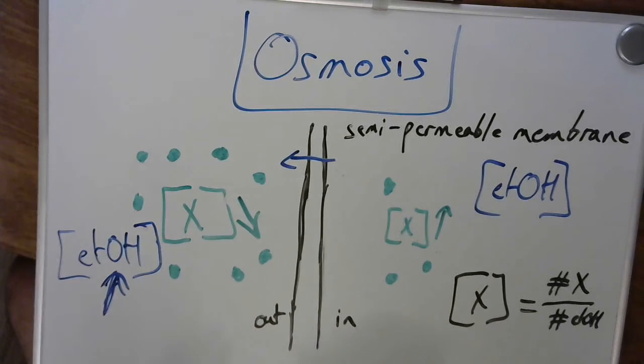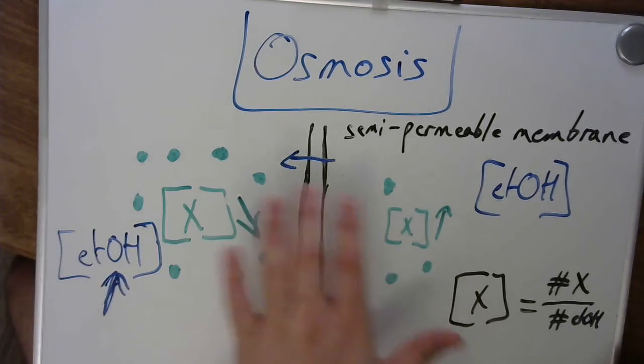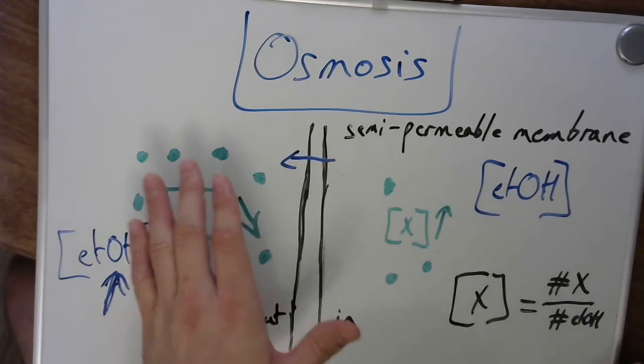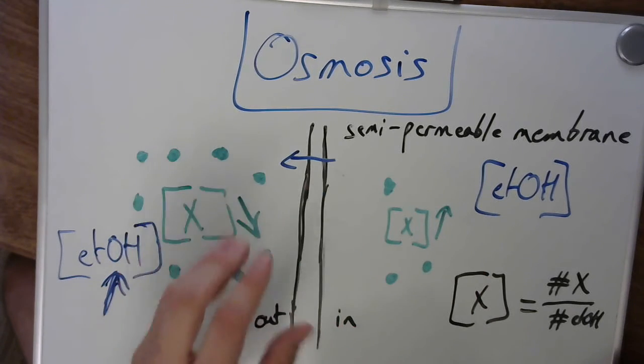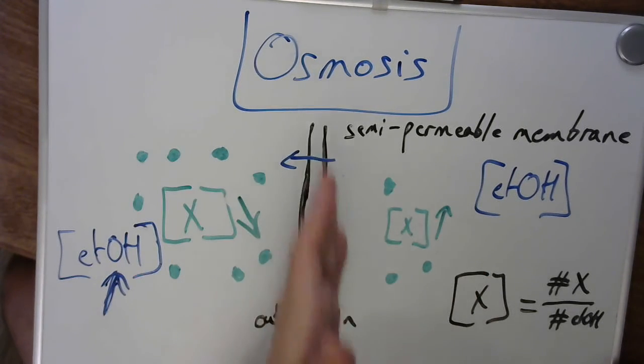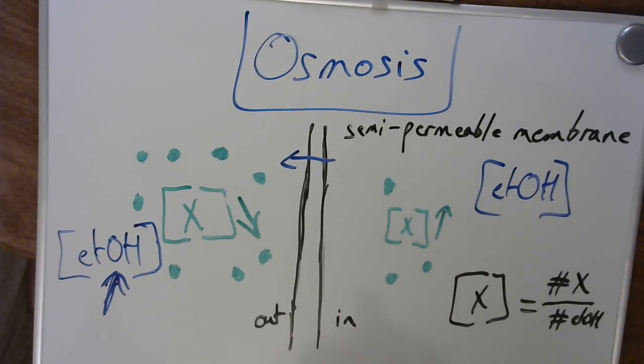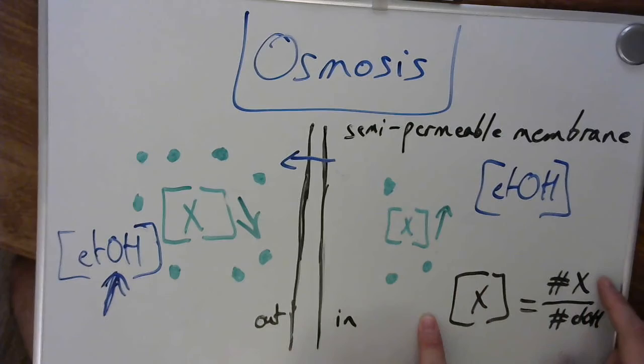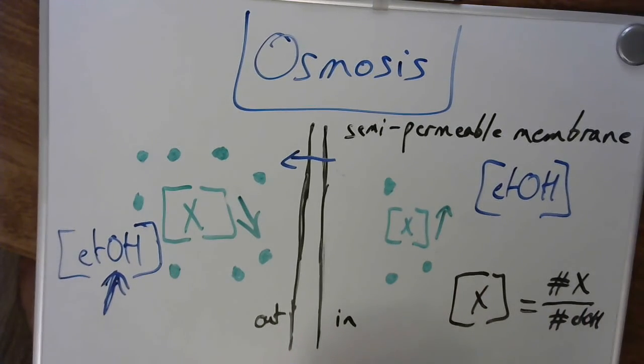You can think of it as the solvent moving across the concentration of solute, because the solute is incapable of moving across the semi-permeable membrane. Another trick is to think of osmosis simply as passive diffusion of the solvent this way. Because think about it, the concentration of X is the amount of X over ethanol, right?